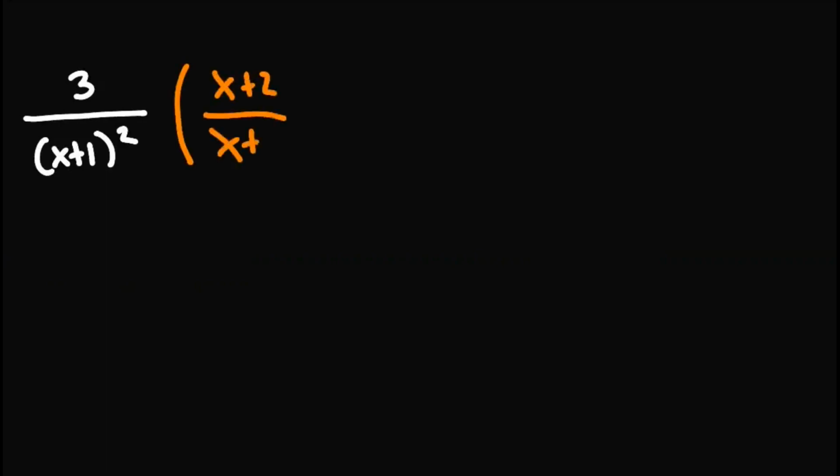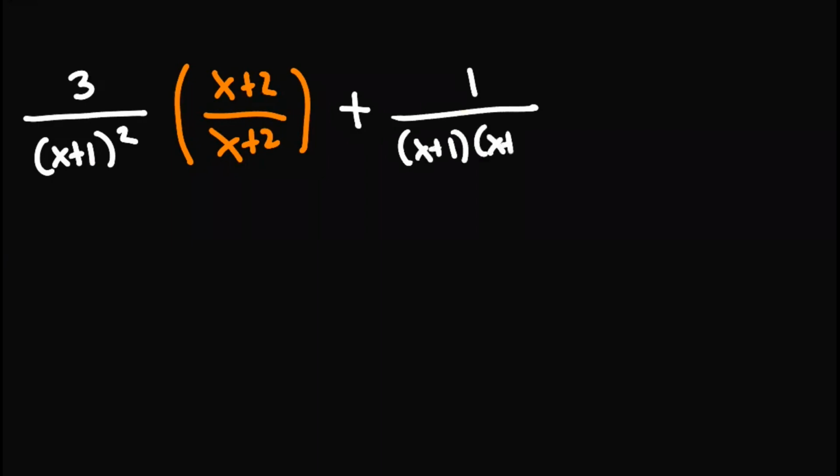For the first, we'll have 3 over x plus 1 squared times, we need to multiply x plus 2 all over x plus 2. For the second rational expression, which is 1 over, simplifying, the denominator is x plus 1 times x plus 2, we need to multiply x plus 1 all over x plus 1.